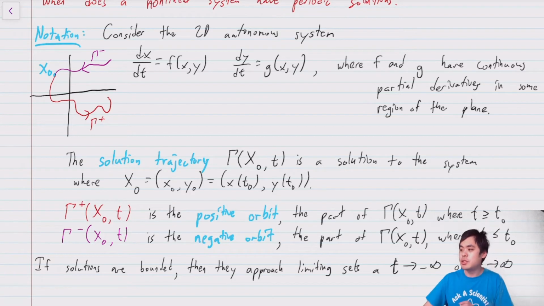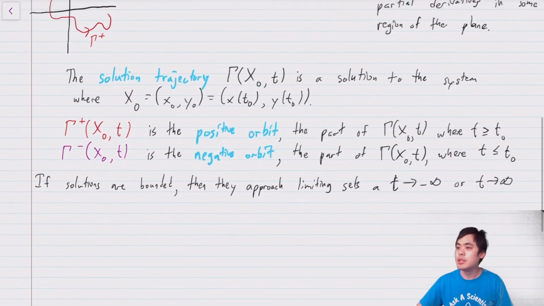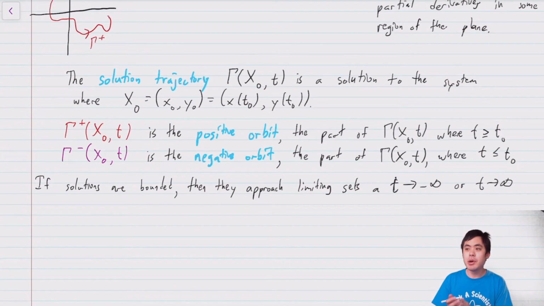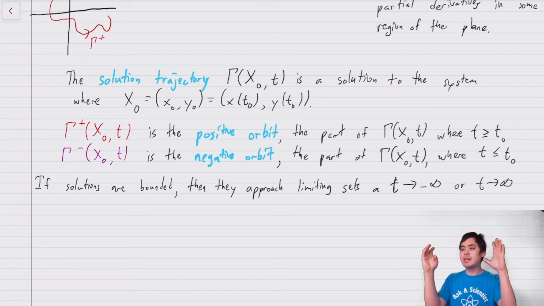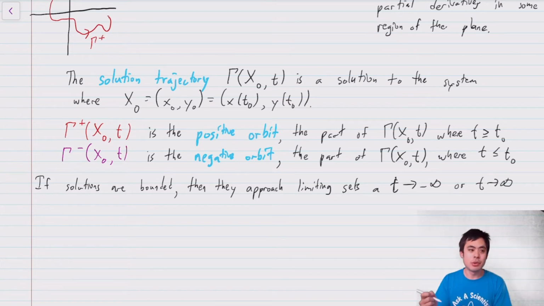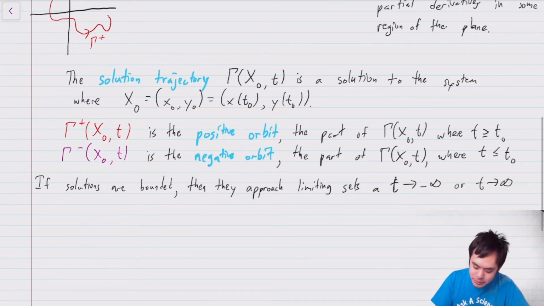So they may not approach a single limit, but if you've trapped a trajectory that goes on towards infinity in some box, then at some point it has to bounce between some number of points. And we're going to define these limiting sets.